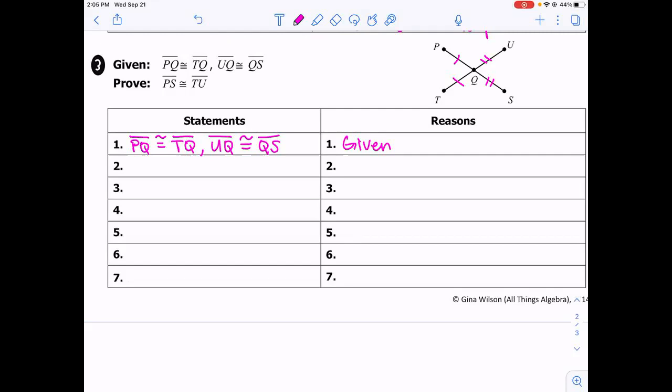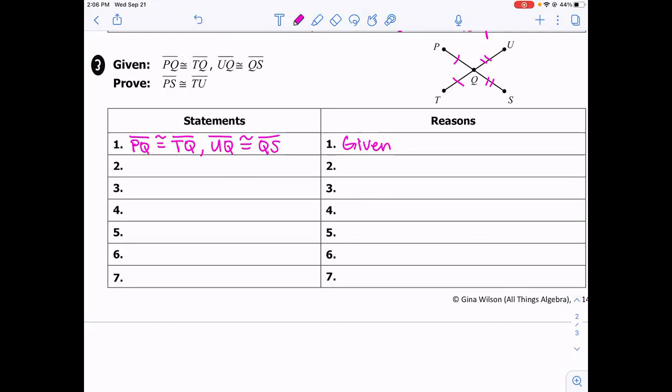No, wait, look at what we're trying to prove. Okay, so we might have to use midpoint. Zach, what's your idea? Transitive property could come up. Definition of congruence is definitely what we're gonna have to use.